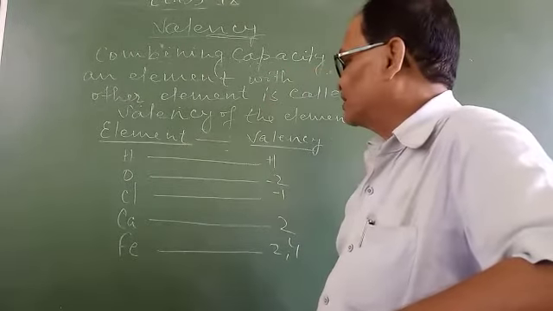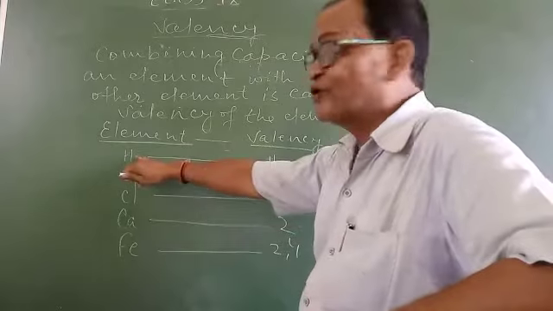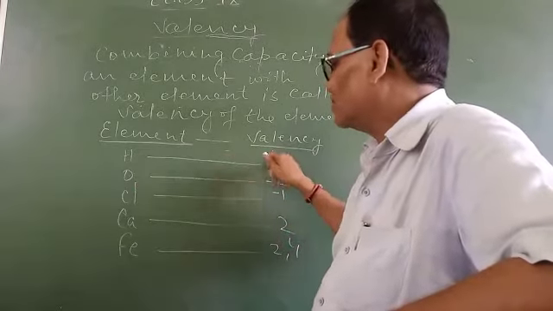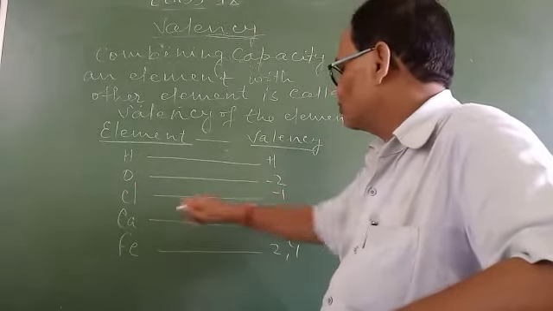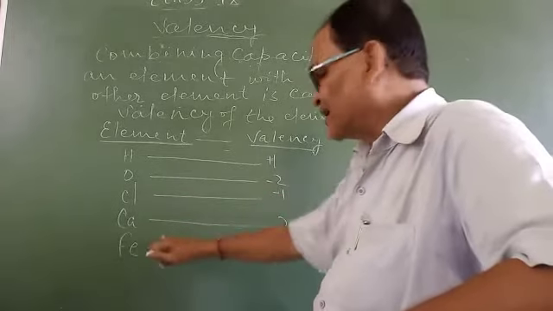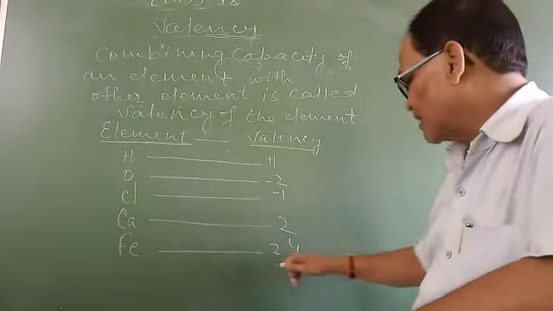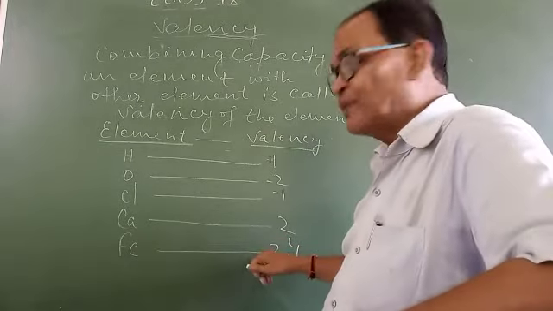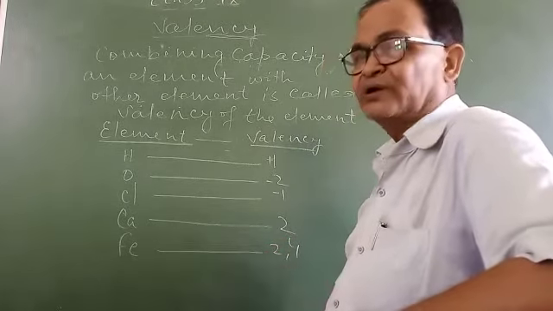For example, the valency of hydrogen is +1, oxygen -2, chlorine -1, calcium +2, and iron has 2 valencies, +2 and +3.